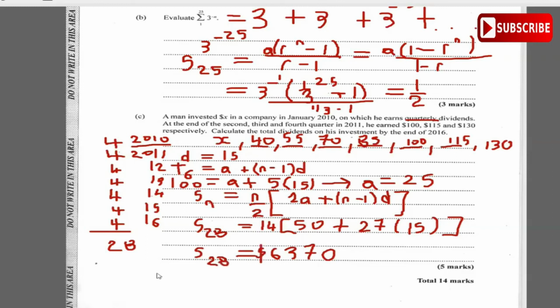Now, we didn't have to do it this way. The alternate method would be to actually add up all of them.